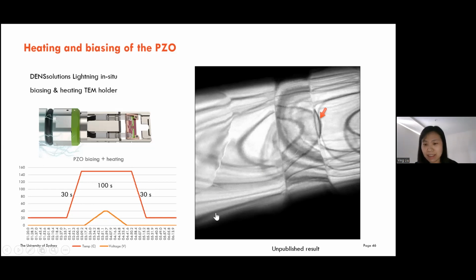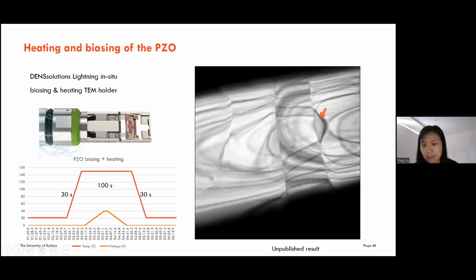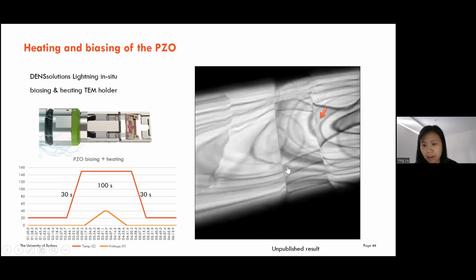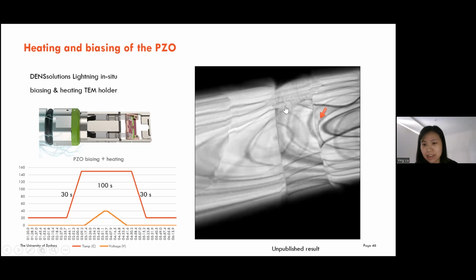We can have a look at the video. Now we are heating, and there is a translational boundary here. And after heating, there is a domain pattern change here from one orientation to another orientation.